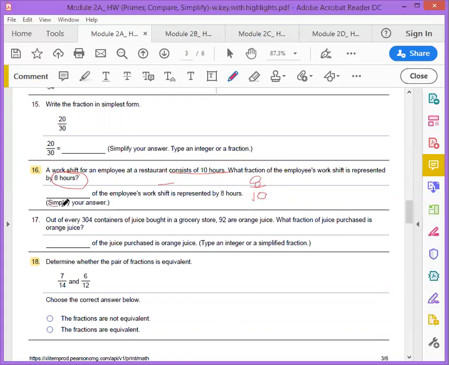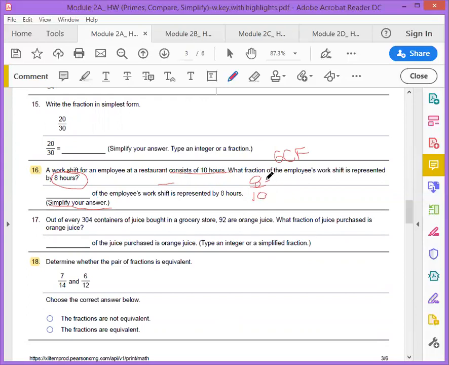But remember, when you're working with these problems, you must always simplify or put your fraction in lowest terms. Therefore, we'll look at 8 and 10 and find the GCF again. You need to find the biggest number that can be divided evenly into 8 and 10. Again, 2 can be divided into both. Is there a bigger number? 4 can go into 8, but it can't go into 10.